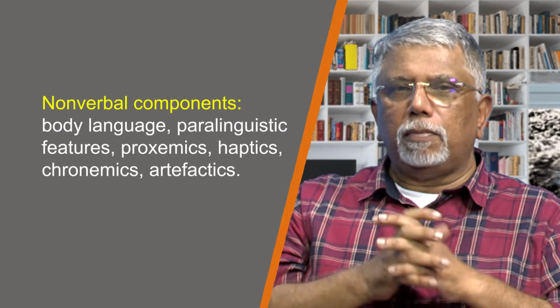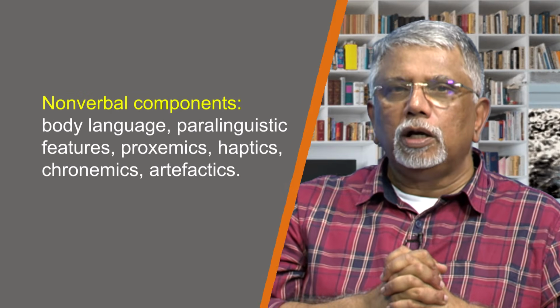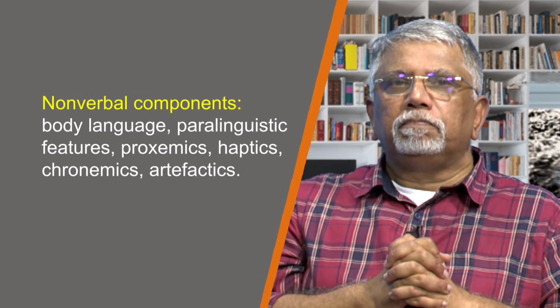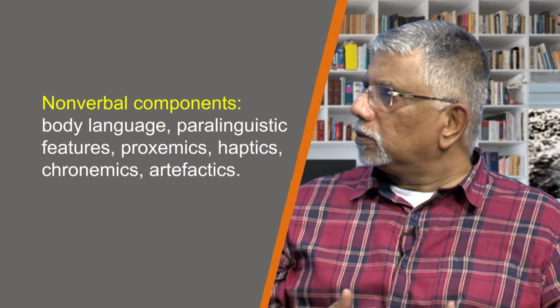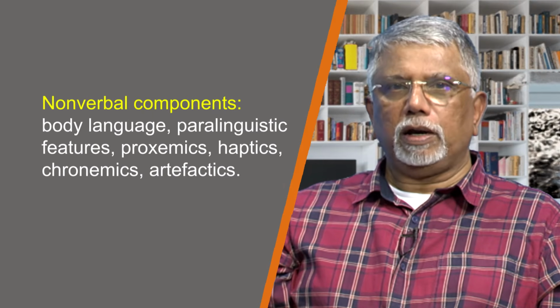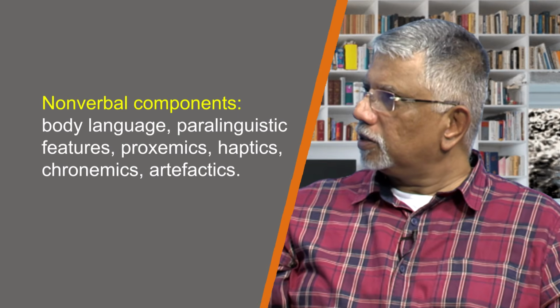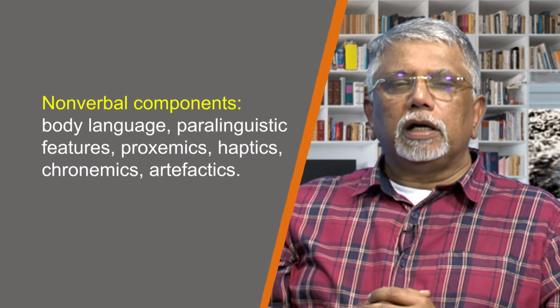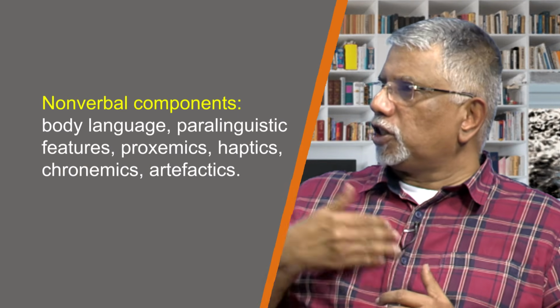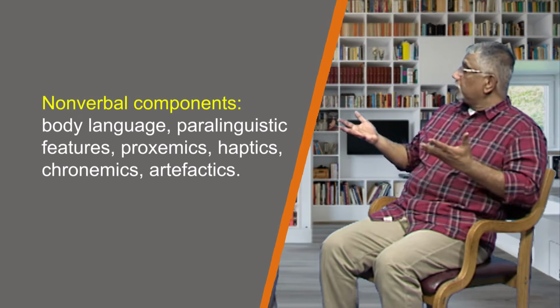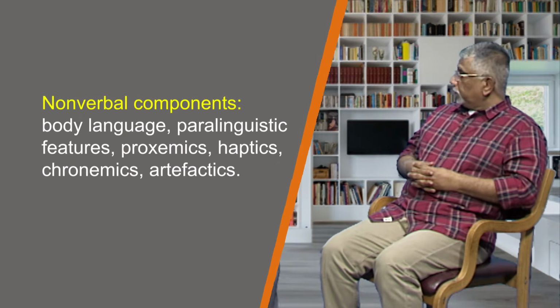A few examples of non-verbal components would be body language, the way one stands, the way one sits, the way one moves. Gestures. It could be the distance between two people, proxemics, as Edward Hall called it.